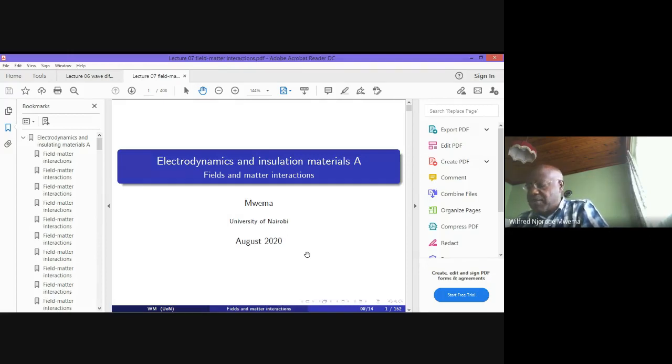You need to know how high voltages will react with the environment and also with the materials that you are going to use. In this part of the course, the first semester course, we are required to look at gaseous state insulators.